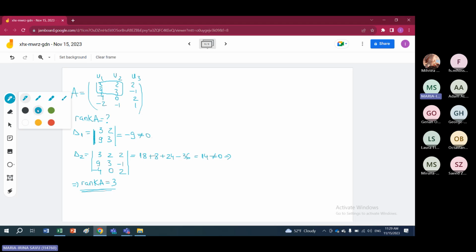And because I have used this delta 2 to find the rank of the matrix, it means that the last equation of the system, the equation which corresponds to this line, gives me some problems, because this equation makes the difference between an incompatible system and a determined compatible system.